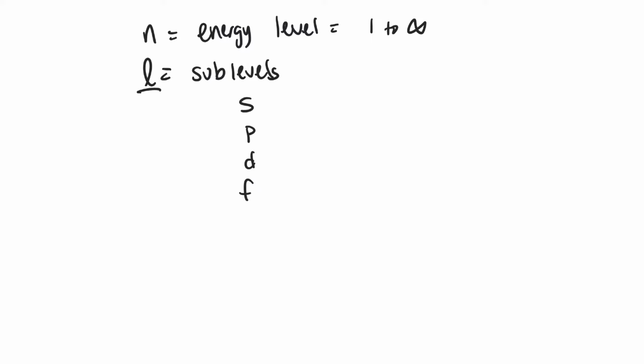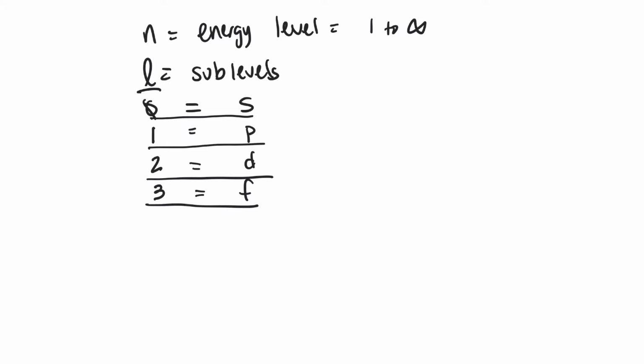If L is 0, we're talking about sublevel S. If L is 1, sublevel P. If L is 2, sublevel D. And if L is 3, sublevel F. And it correlates very well.